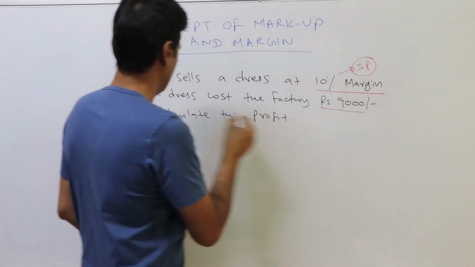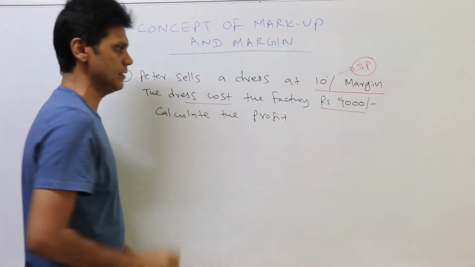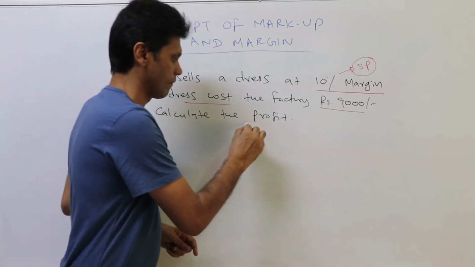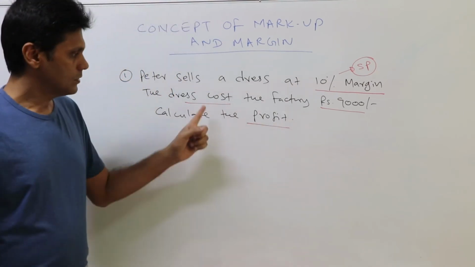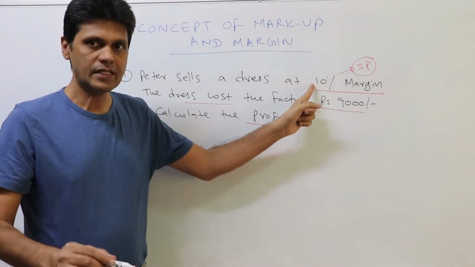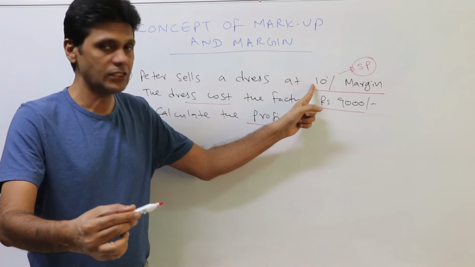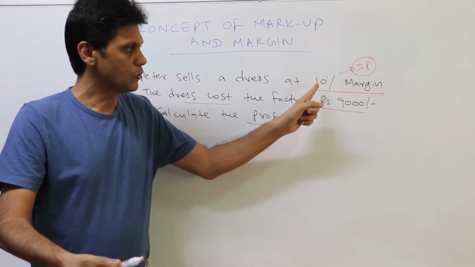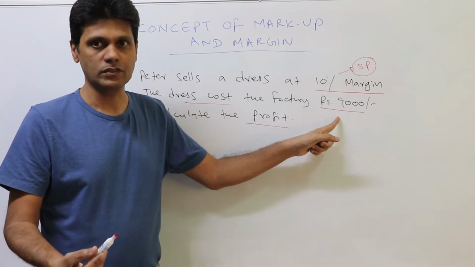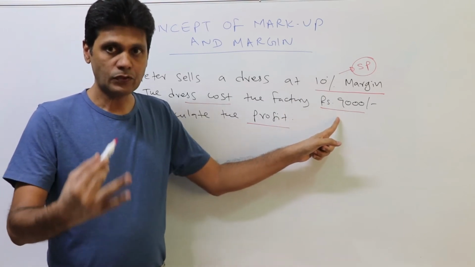The cost of the dress is 9,000. Calculate the profit. Since you are given the cost and the profit is expressed as a percentage of selling price, you can't directly apply 10% on 9,000. That's what I told you.